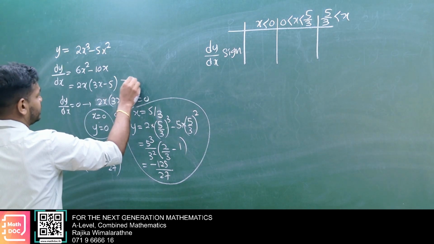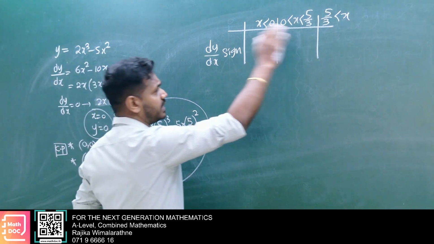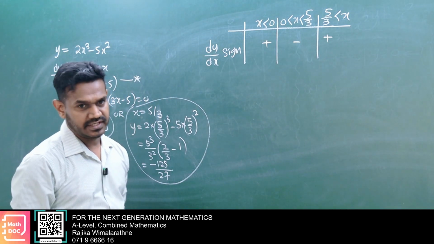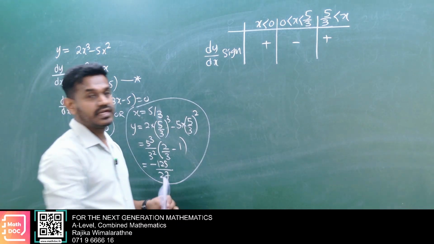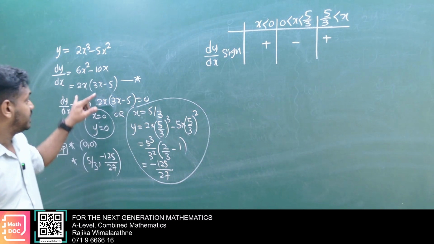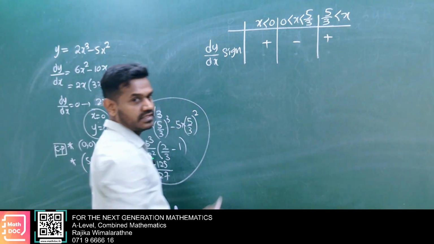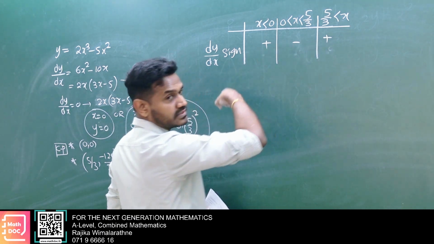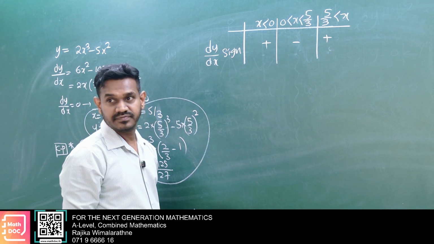Here it is a linear factor product, so the right hand side is positive, negative, positive. That's how we take the variation. With a linear factor product with positive leading term, it is plus, minus, plus. If the leading term is negative, the signs change: minus, plus, minus, and so on. You better practice to get the signs directly.